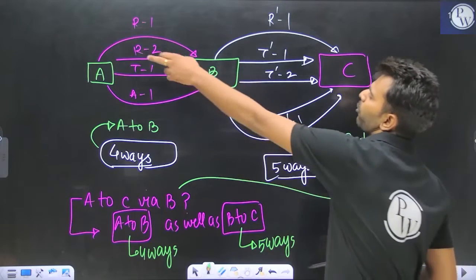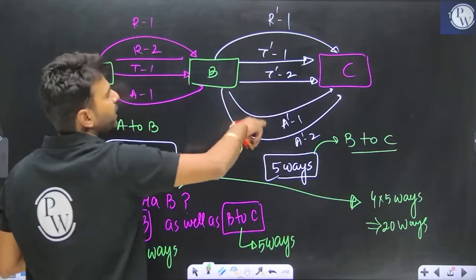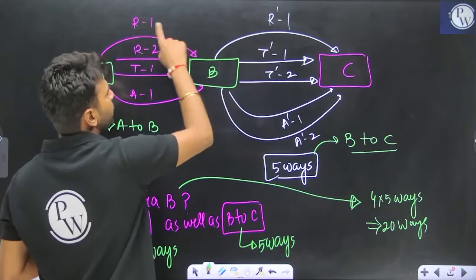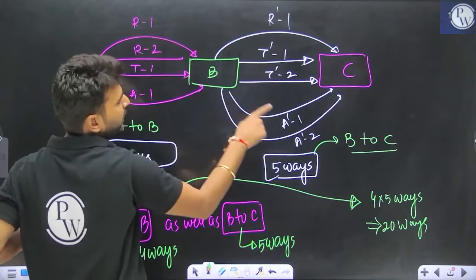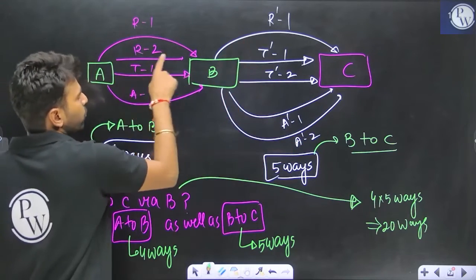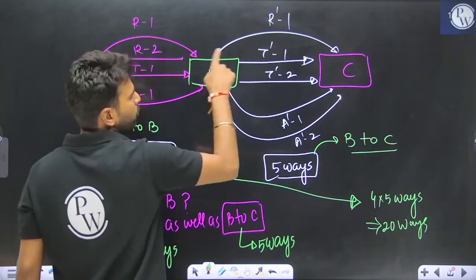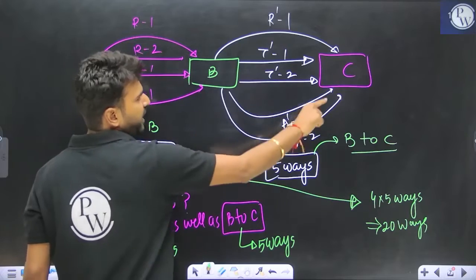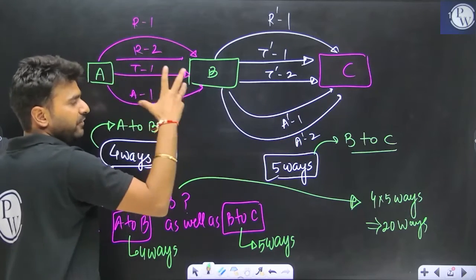Once if you take road number 1 from here, then from here you can take any of the 5. So road 1, R-1, road 1, T-1, road 1, T-2, road 1, A-1, road 1, A-2. So these are the 5 ways. Road 2, R-1, road 2, T-1, road 2, T-2, road 2, A-1, road 2, A-2. These are the 5 ways, 10 ways so far.